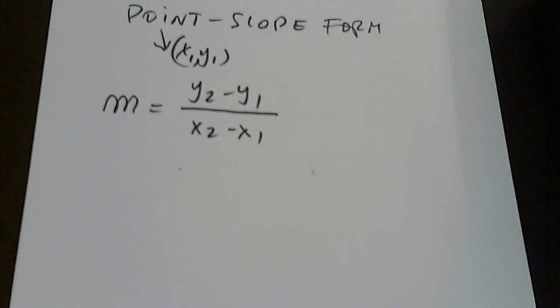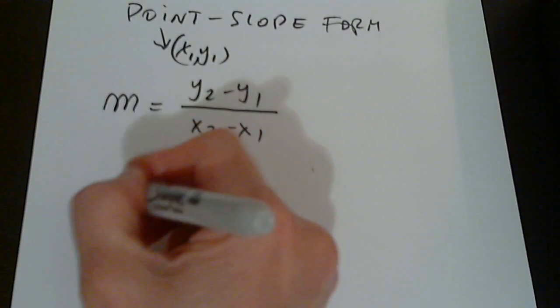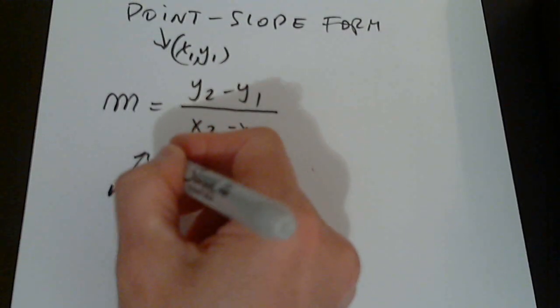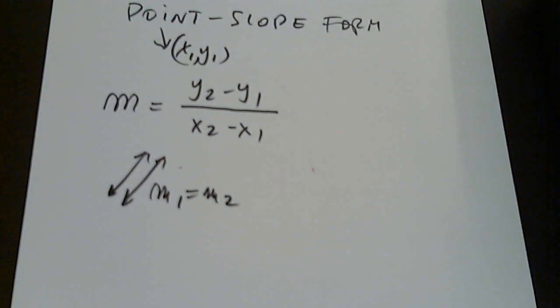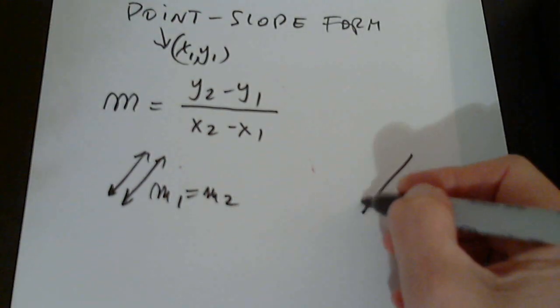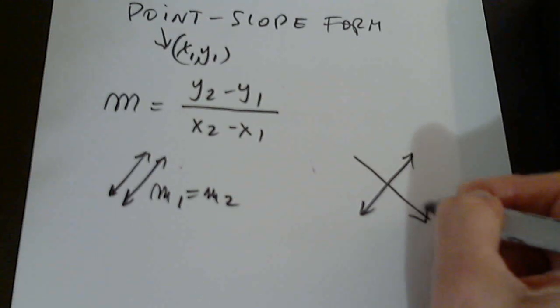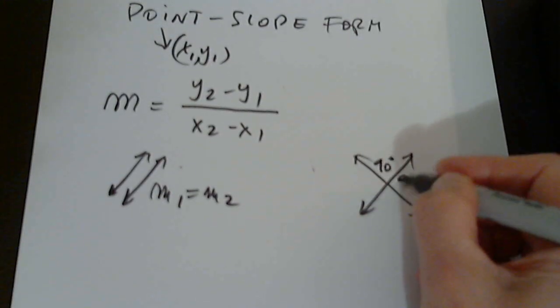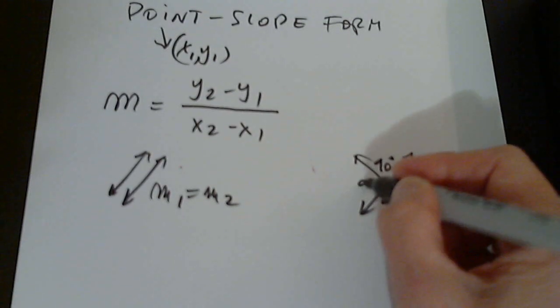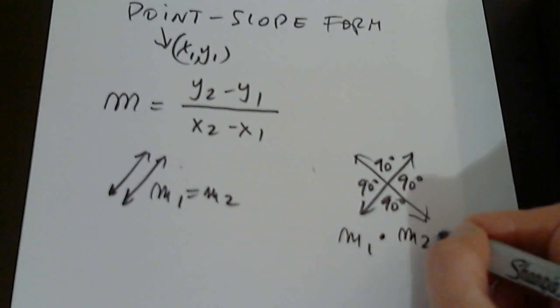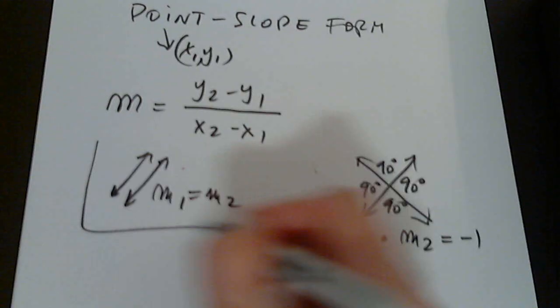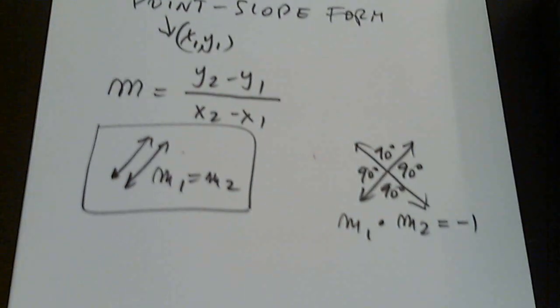And one other thing: parallel lines have the same slope, m1 equals m2. Perpendicular lines, 90 degrees, m1 times m2 equals negative 1. So parallel lines have to have the same slope.